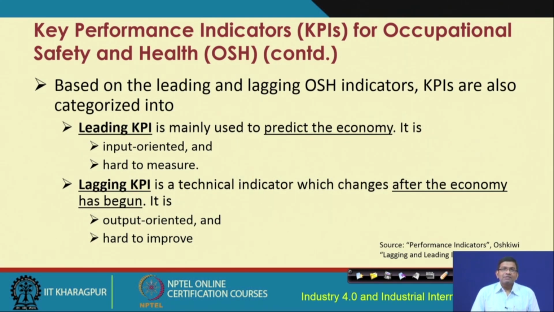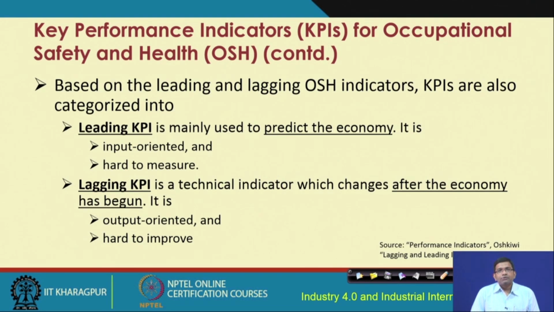As the name suggests, the latter category is the lagging KPI, which is a technical indicator which changes after the economy has started, after it has initiated. Unlike the leading KPI, which is input oriented, the lagging KPI is output oriented, and this is hard to improve.